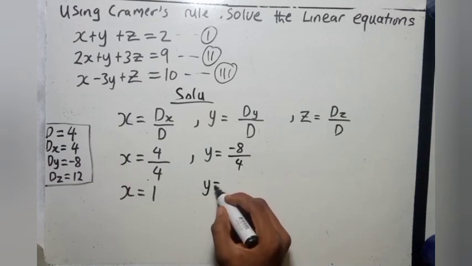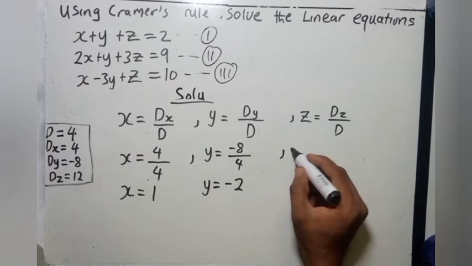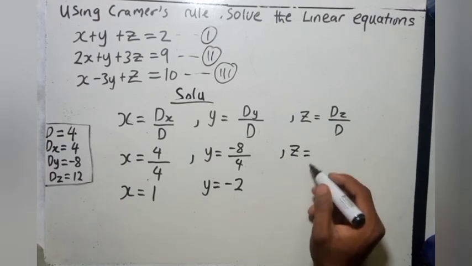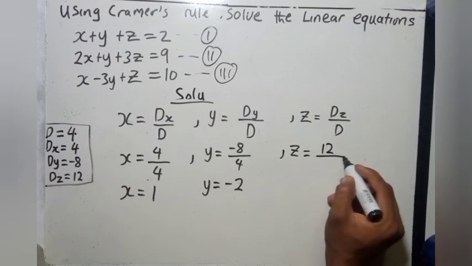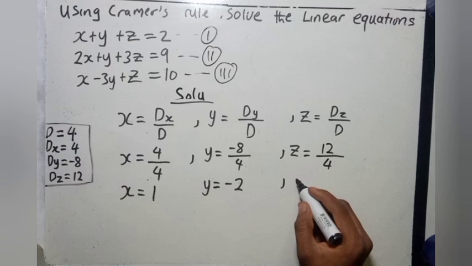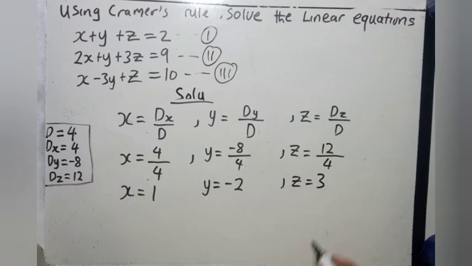Definitely our y will be what? Minus 2. And for our z, our dz is what? 12 over what? 4. So definitely our z will be what? 3. So these are the values of our x, y, and z.